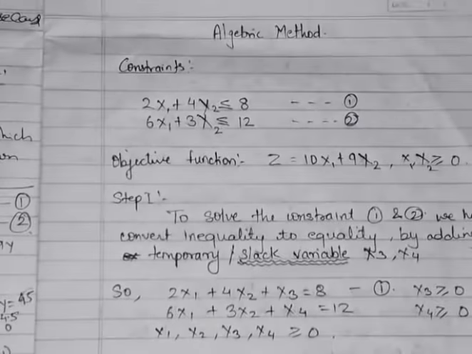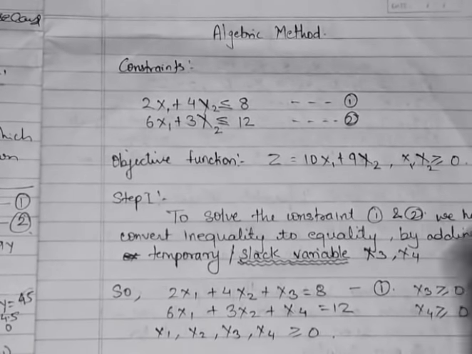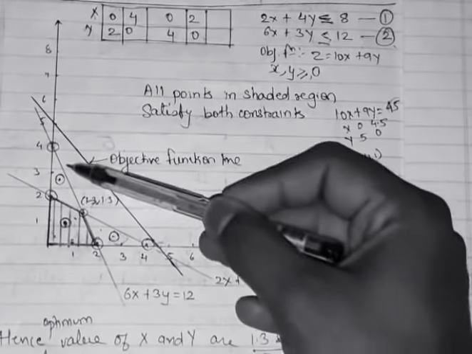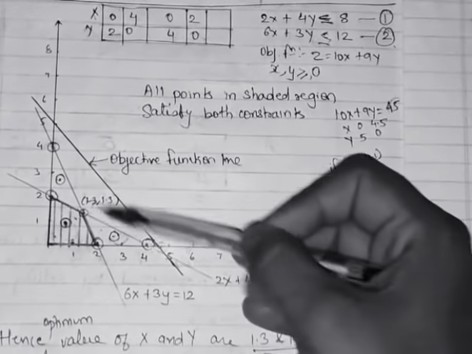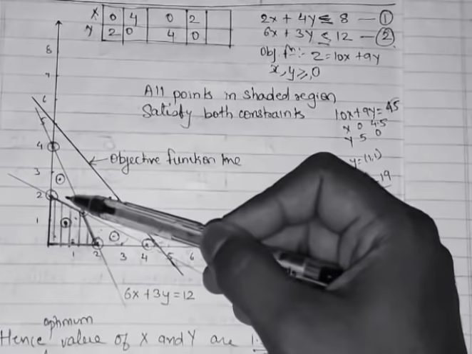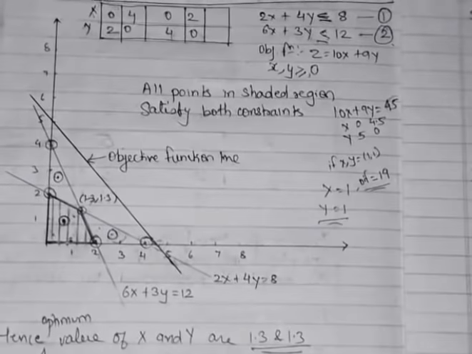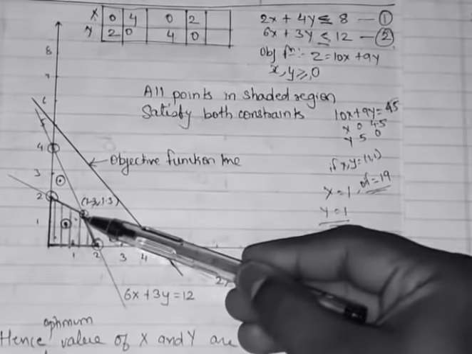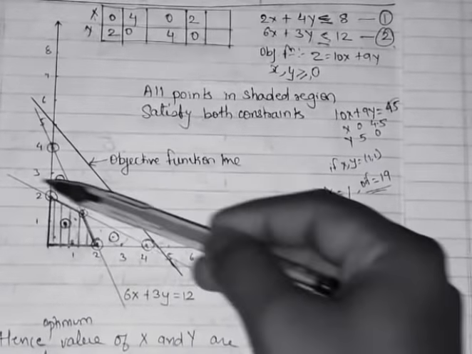Okay, so now what is the algebraic method? The algebraic method means we are not going to draw any graph or plot any line. Without that, how can I find the answer? Many of you will say, sir, this is very easy because these two lines intersect at this point, so we can find the intersection by solving these two lines to get the optimum solution.